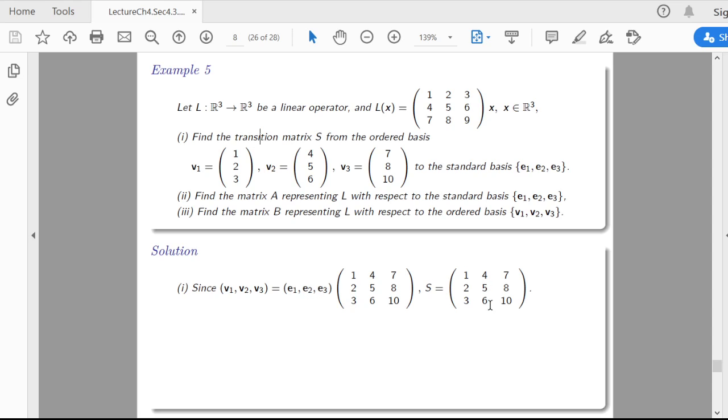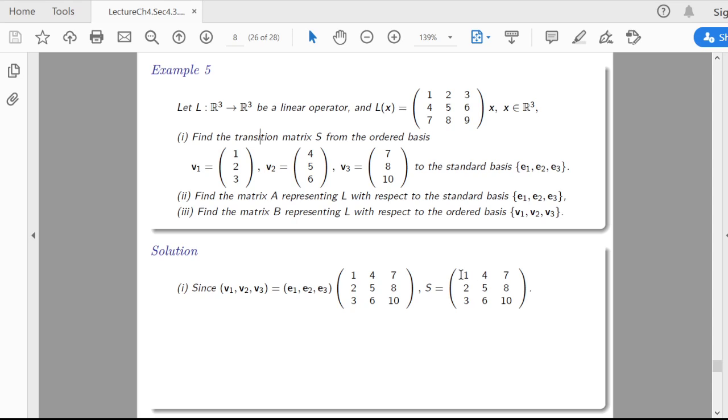So this is the transition matrix. We can say this matrix S is a 3 by 3 matrix. And also we can show this matrix is non-singular.